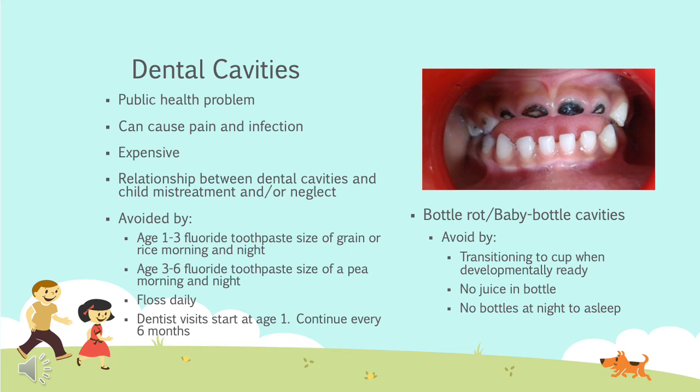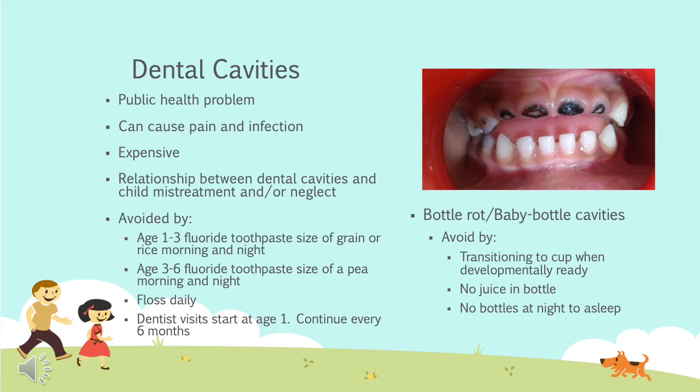In the picture on the right-hand side, this is what bottle rot or baby bottle cavities look like, and this is caused from the bottle being constantly in a mouth that's too old. They haven't transitioned over to a cup. Or another cause is that they had juice in their bottle. So it should only be milk for when they need it through the bottle, or water even.